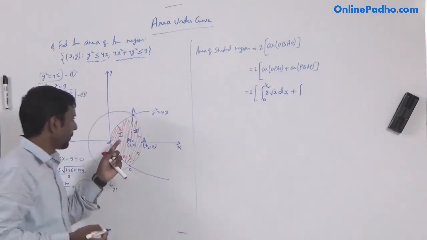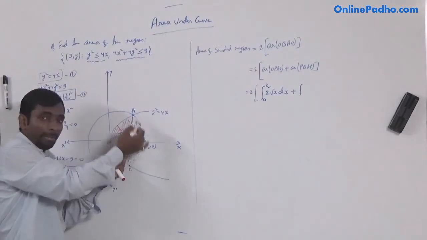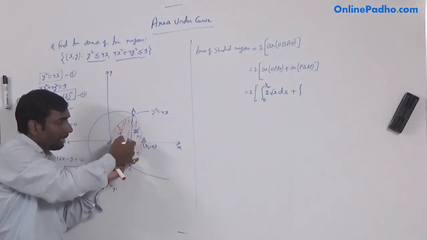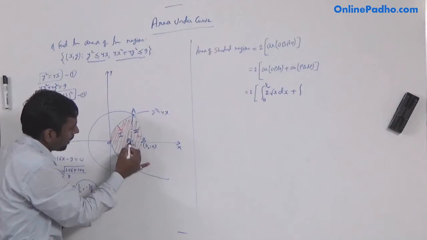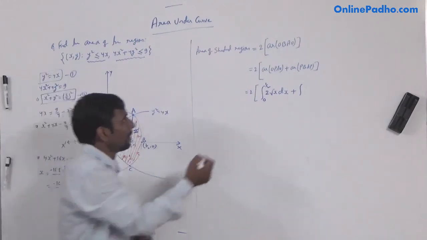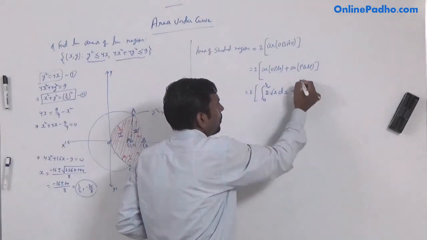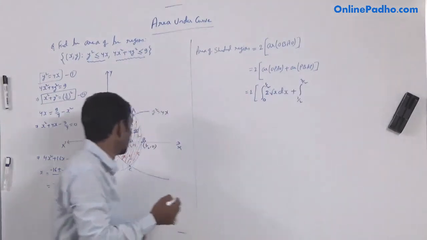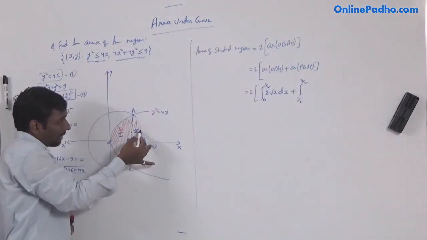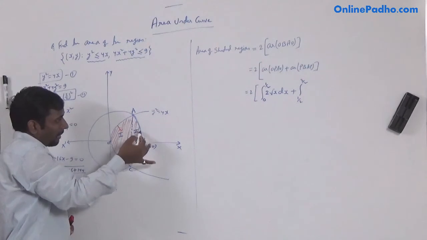Now the second thing, we have to find the area of PBAP. How can we find the area of PBAP? Lower limit 1/2 to upper limit 3/2. And the curve is the circle.